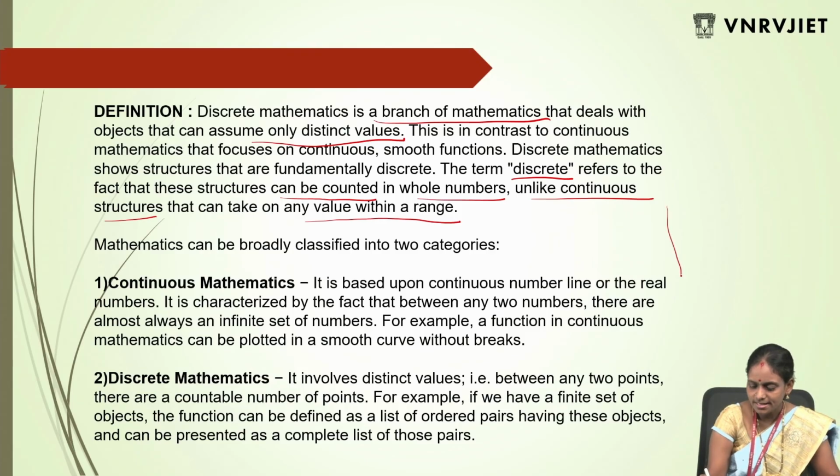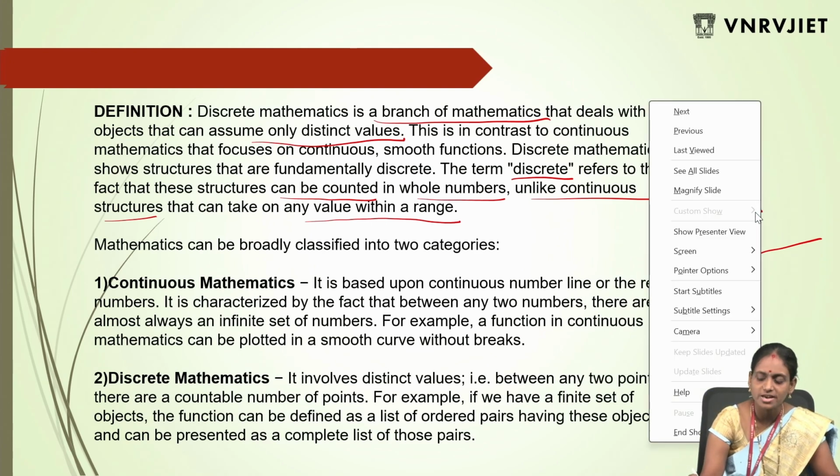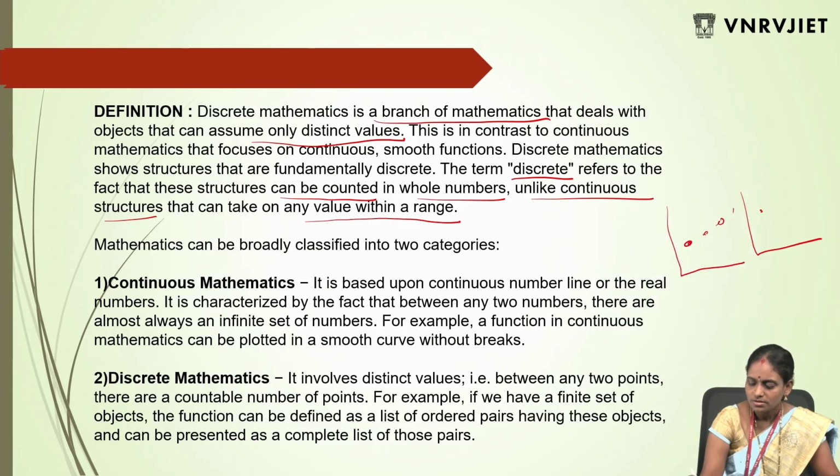If you consider a graph like this, in discrete mathematics we are going to indicate the graph in terms of objects and variables. In continuous mathematics, here also we are going to represent objects and variables, but here we represent the graph as a line.